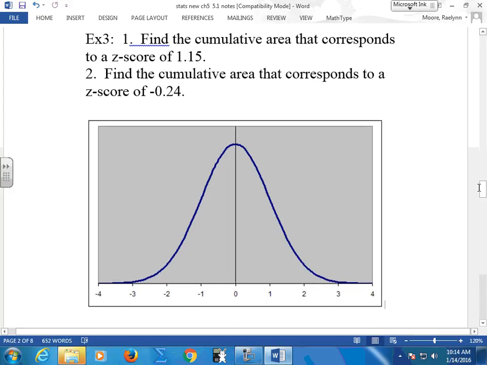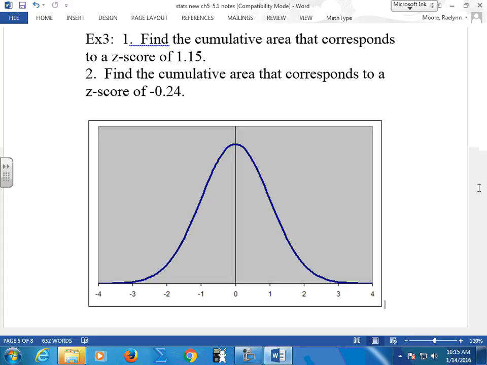Now, what I want you to remember is, on this table 2, do you see this picture at the very top of your table? Where is it shaded? To the left of the marker or to the right of the marker? To the left. That means you're measuring area to the left. If you wanted the area to the right of this marker, what do you think you would do?